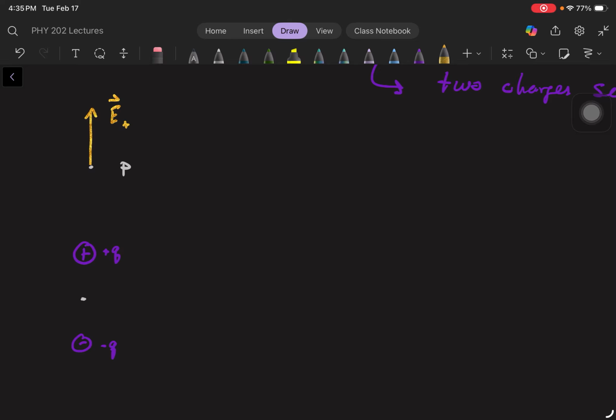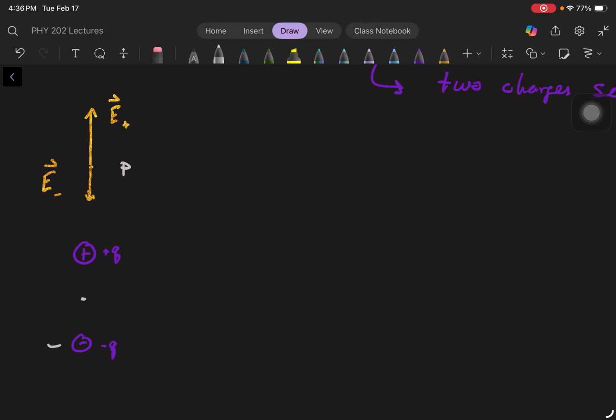And if we also look at the electric field from the negative charge, we would have something pointed in the opposite direction with a slightly lower magnitude. So we can call this E minus. The reason we have a slightly lower magnitude is because we're further away.